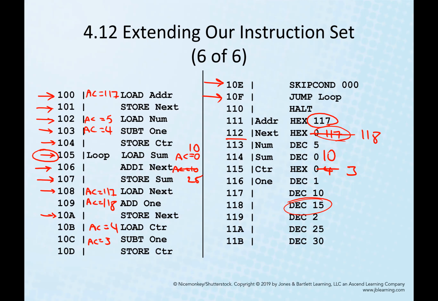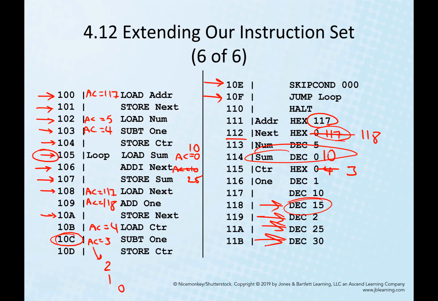If we continue, we reach this point where we subtract 1, and again the accumulator will be in line 10C. How many times did we repeat this loop? 5 times we repeated this loop, and every time we add the sum with one of these addresses.